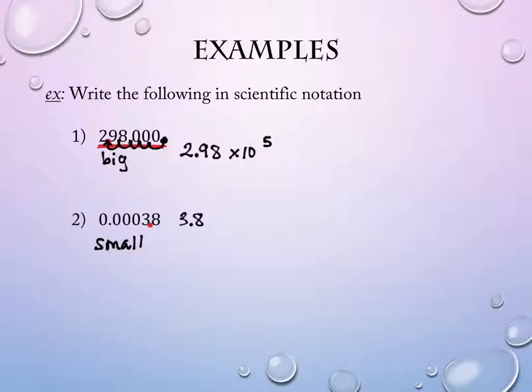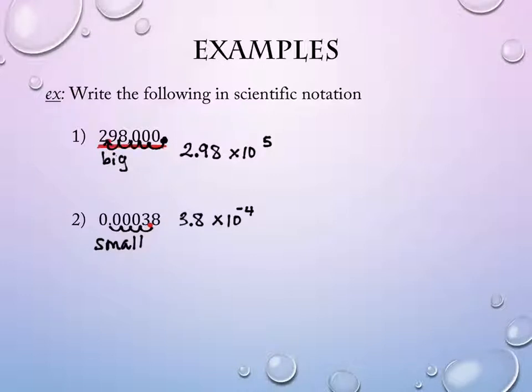Is that number between 1 and 10? Yes, it is. And then this will be times 10 to a power. Now I have to figure out what power. How many locations did my decimal point move? 4. 1, 2, 3, 4. Will it be a positive 4 or a negative 4? Negative. It'll be negative. Why? Because it's a small number.